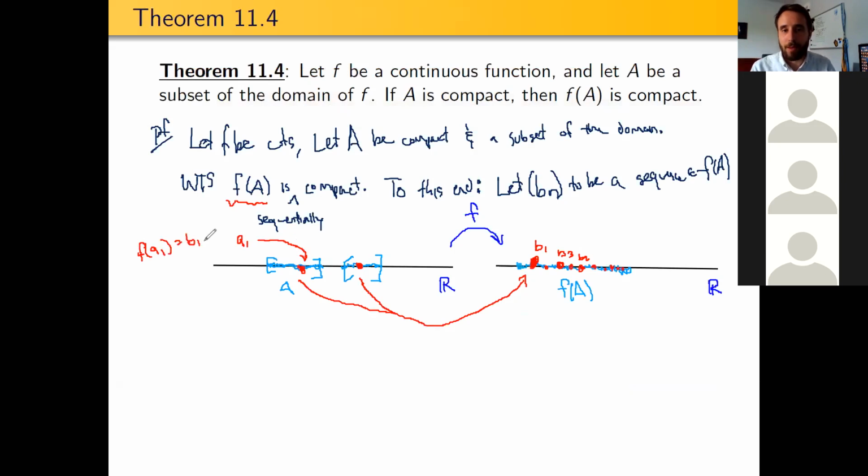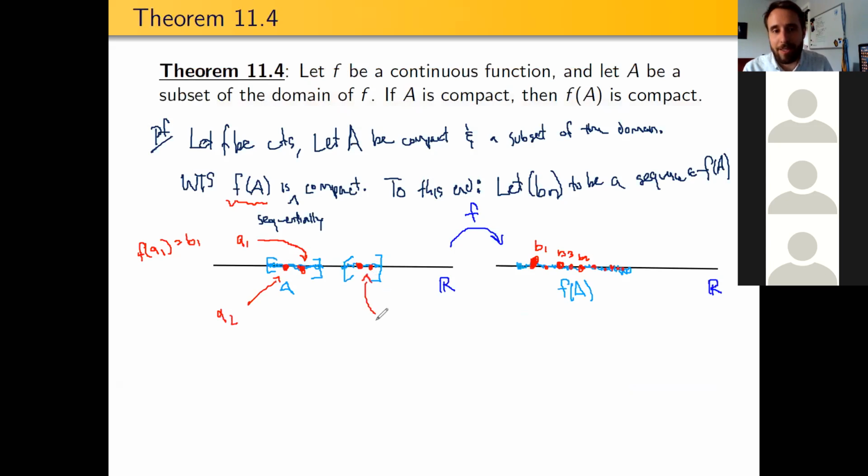Does that make sense? So I'm going to take the pre-image of each of my points, my B sub n's, and identify at least one point over in the domain that came from there. So maybe this is A sub 2, and it mapped to B sub 2.